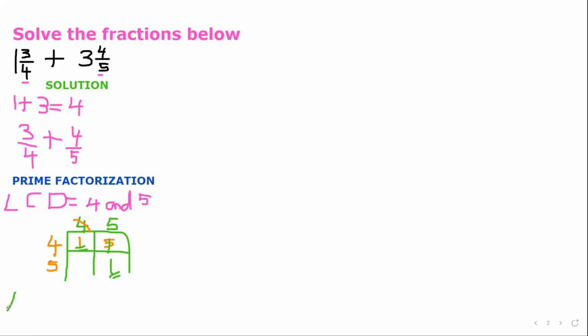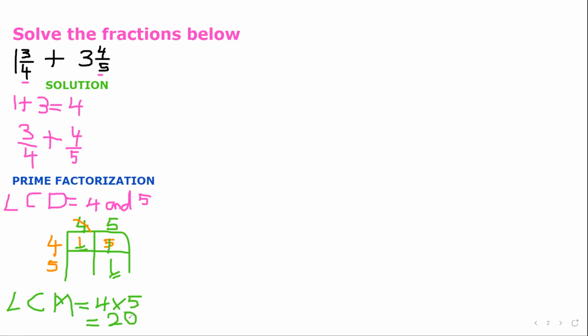Therefore, the LCM is equal to the product of the numbers that we used to reduce the 4 and 5, which is 4 times 5, and that one is 20. So what does this 20 mean?